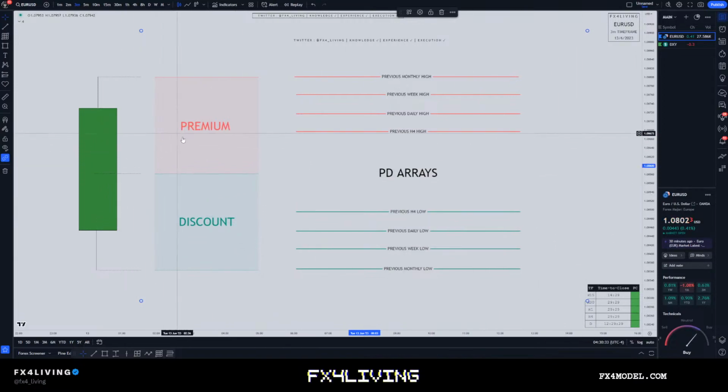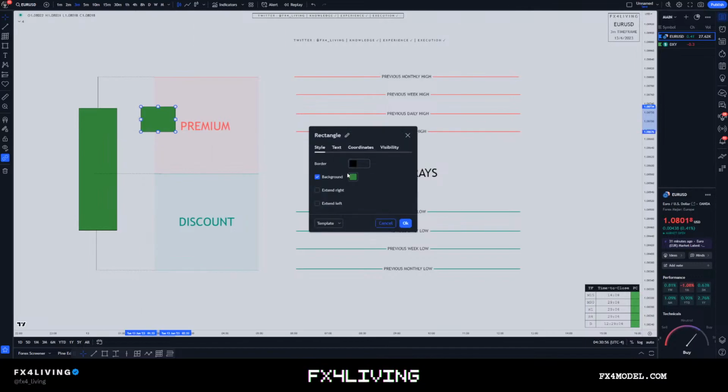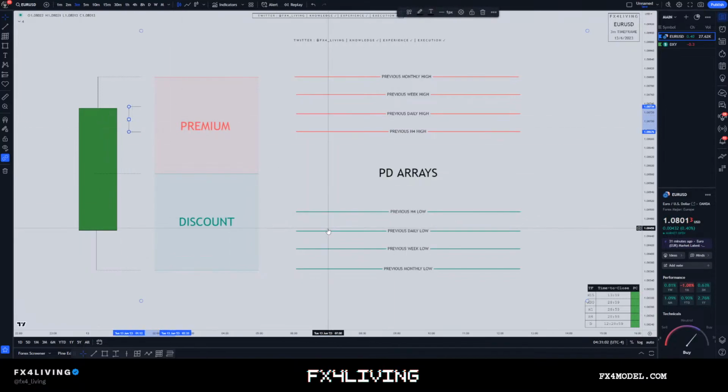And you can find PD arrays on a lot of stuff. That could be your Asian range high, Asian range low. It's your premium level and your discount level. I'll give you another example, right? This is your Asian range.